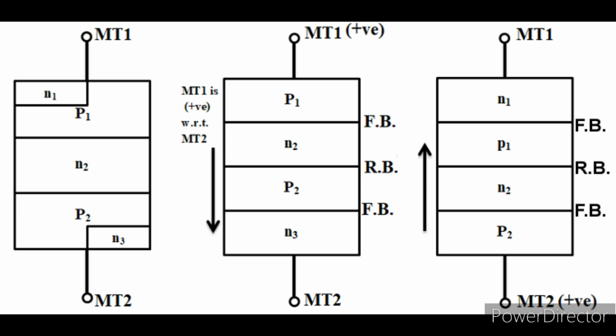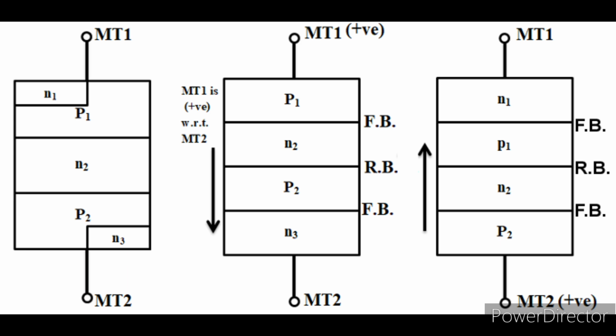But when this applied voltage crosses the breakover voltage, that is when the avalanche breakdown occurs, the reverse bias at P2 N2 junction reduces, and so the device conducts with the current path P1 N2 P2 N3. So in this way the device conducts for the positive half cycle of the AC waveform.